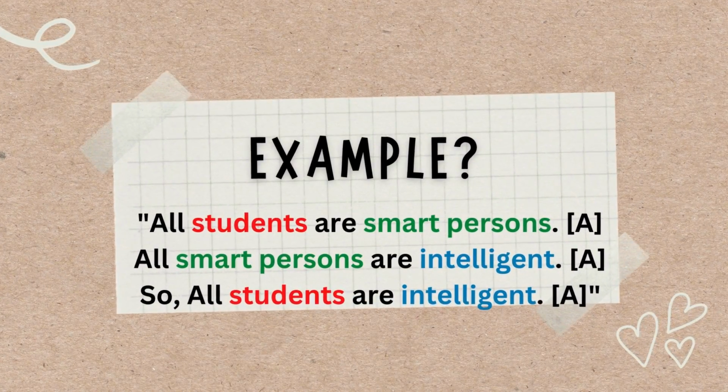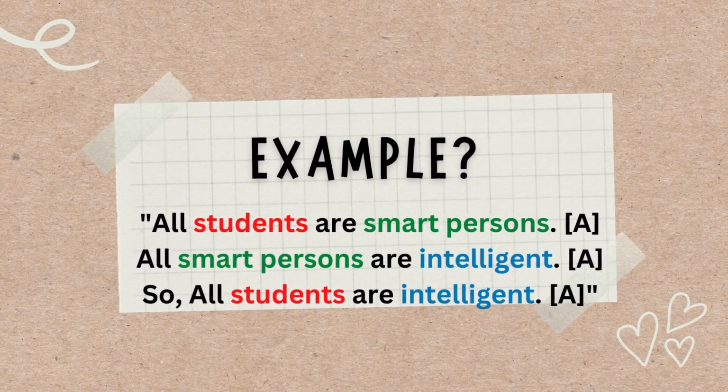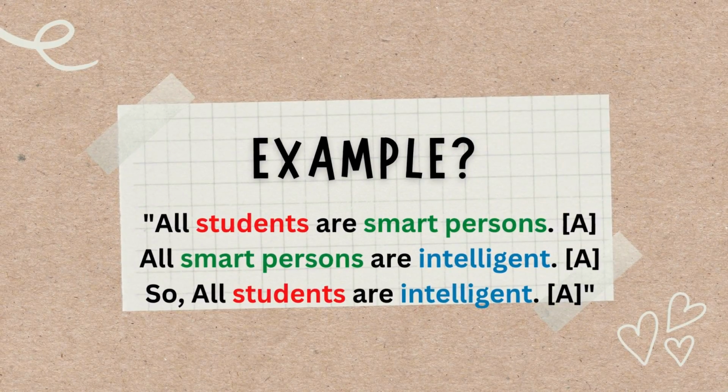In this example: all students are smart persons; all smart persons are intelligent; so, all students are intelligent. As you see, "all students are smart persons" is the first premise, and "all smart persons are intelligent" is the second premise.